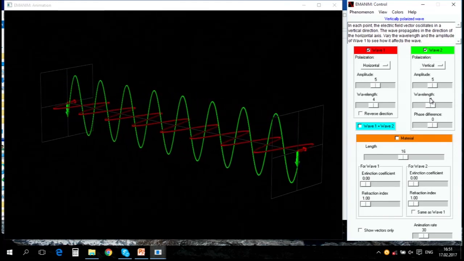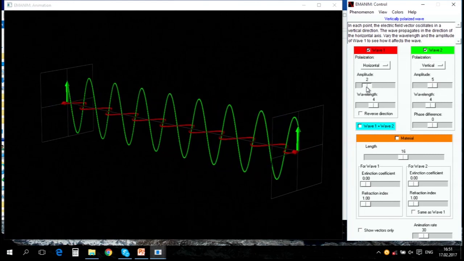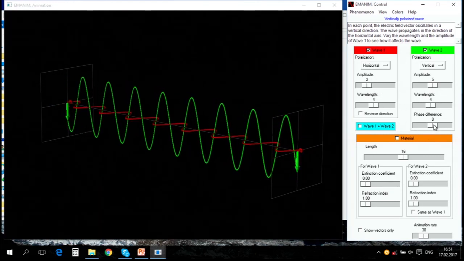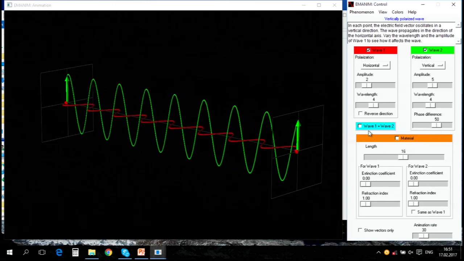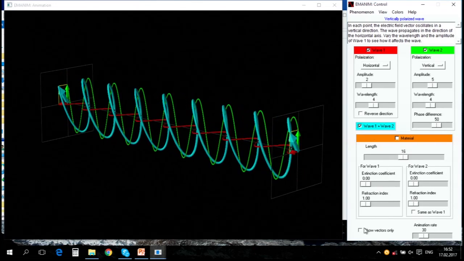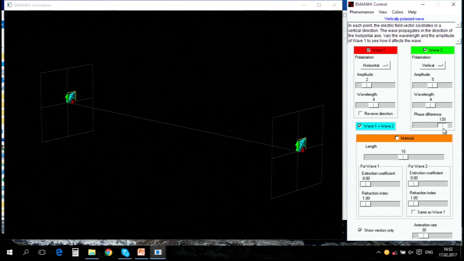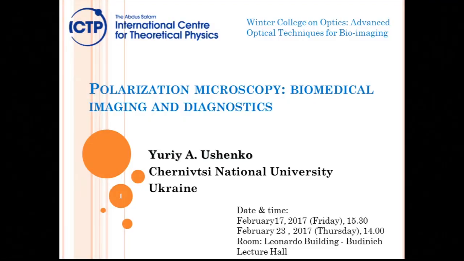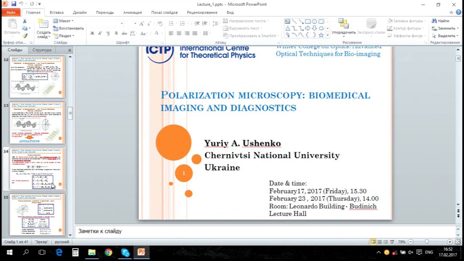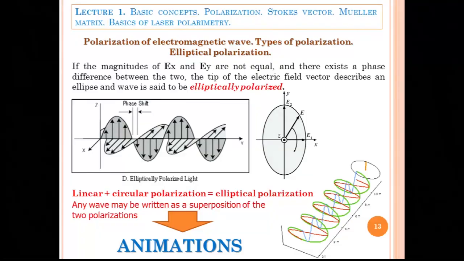We have to obtain elliptical polarization. So let's make the amplitude of this one smaller, and add a little bit of phase difference for the second wave. The phase difference is very sensitive.